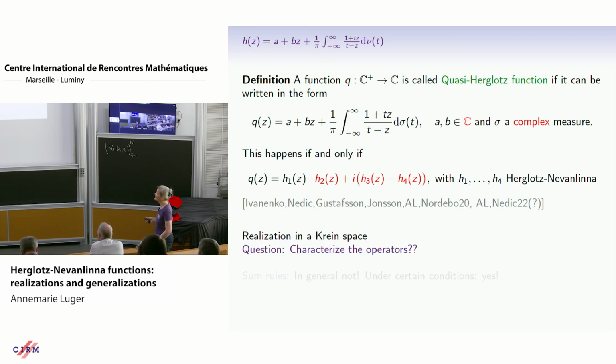There is a realization in a Krein space, and this will appear actually in the poster of Christian. But it is still open to characterize how the corresponding operators are. So to say, these operators give me exactly quasi-Herglotz functions. This we have not solved.